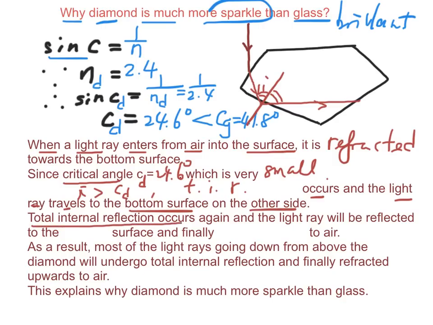Total internal reflection occurs again at this side because I is also larger than the critical angle of diamond, and the light wave will be reflected to the upper surface.